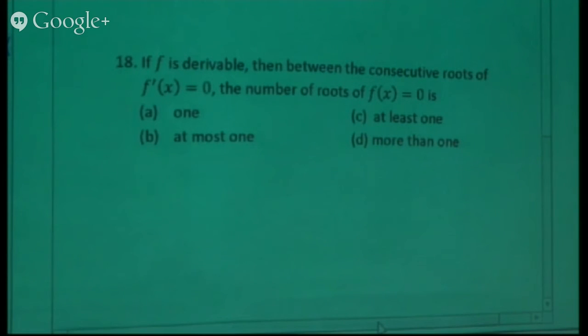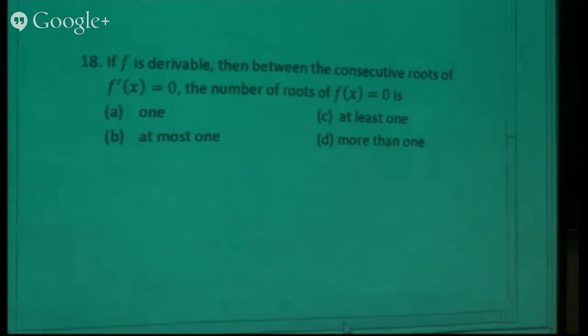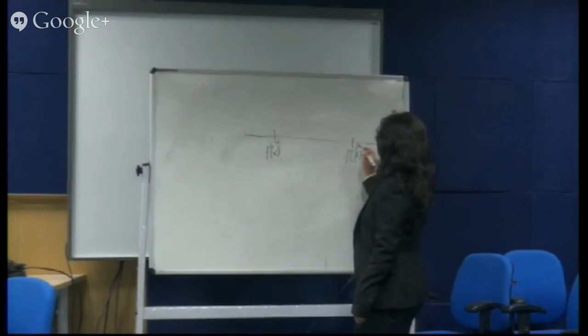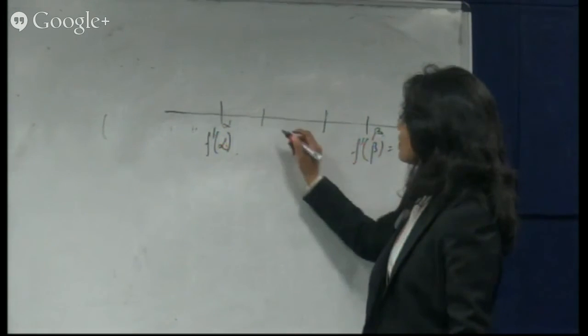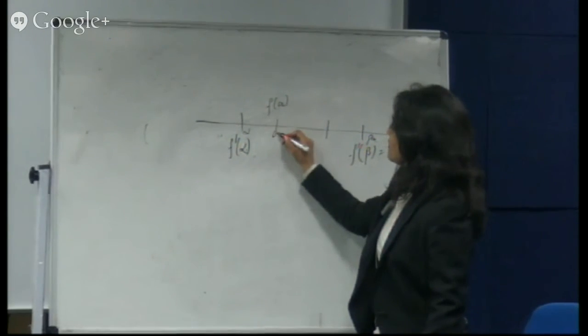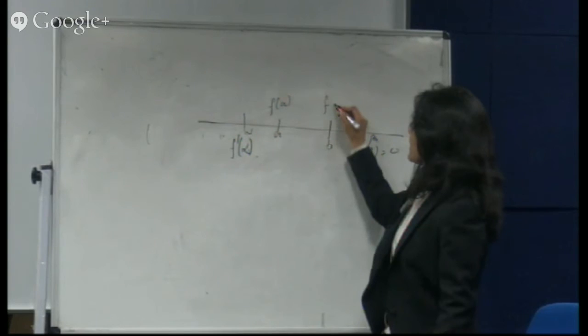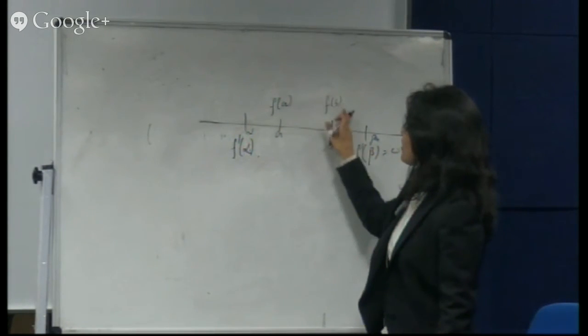We just discussed that if these are two consecutive zeros, f dash alpha is 0 and f dash beta is 0. So these are alpha and beta. And if possible, you have two zeros of the function f, that is f a is 0 and f b is 0.